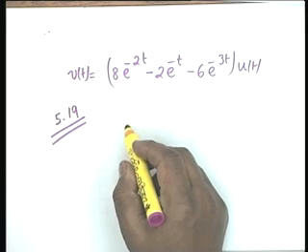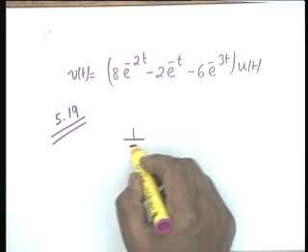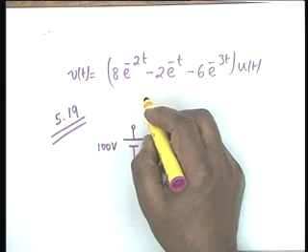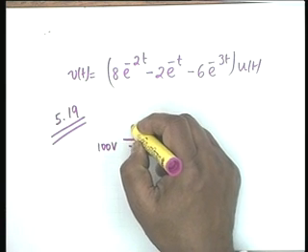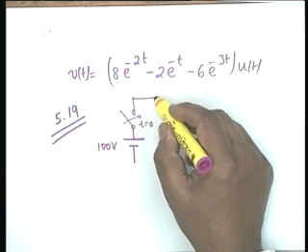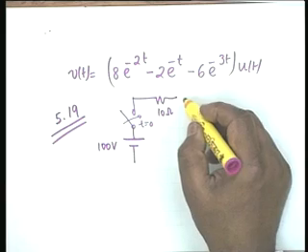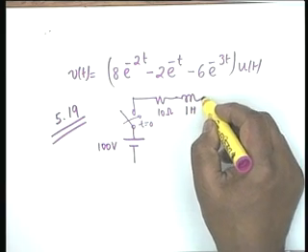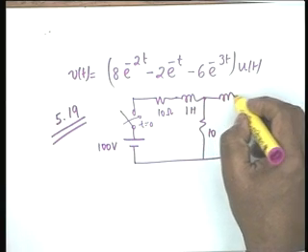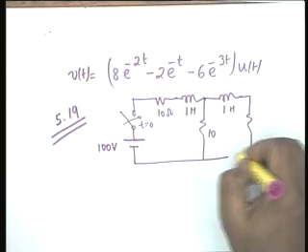We go to 519. 519 gives a circuit. The circuit is 100 volt. The switch is thrown in at t equal to 0, and then you have 10 ohms, 1 Henry, 10 ohms, 1 Henry and 10 ohms.